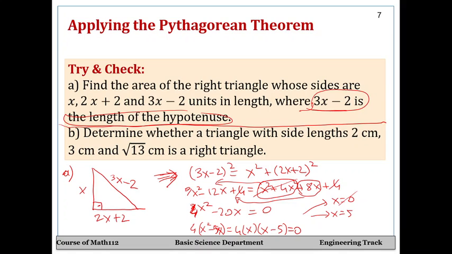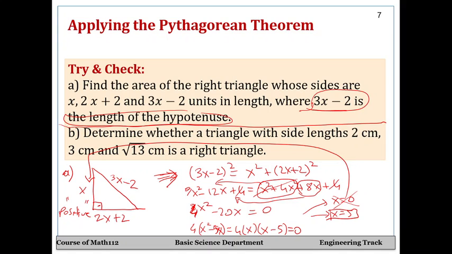Then x cannot be 0, because the side length is positive. The side length cannot be negative or 0, so x should be 5.